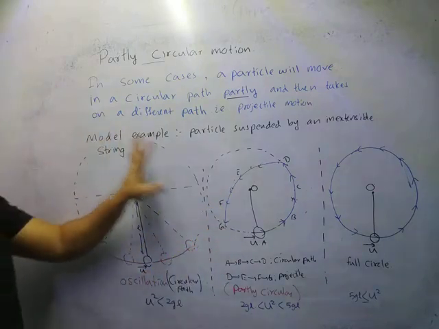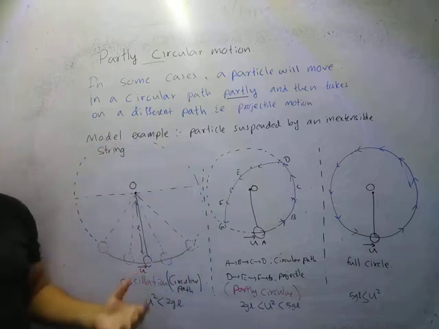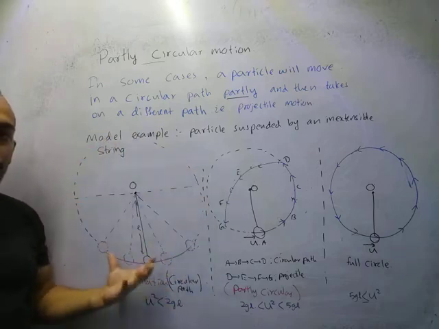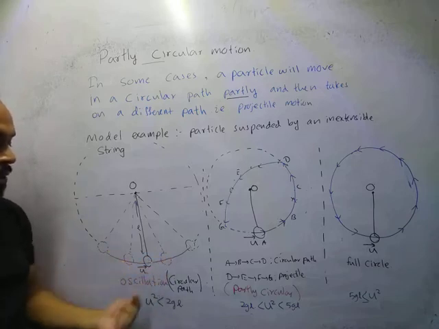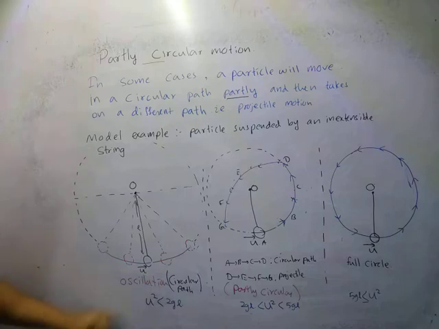Even though it looks like it doesn't take on the whole path, it is still a circular path. The path is circular, and the particle starts oscillating. So this is the model of oscillation.